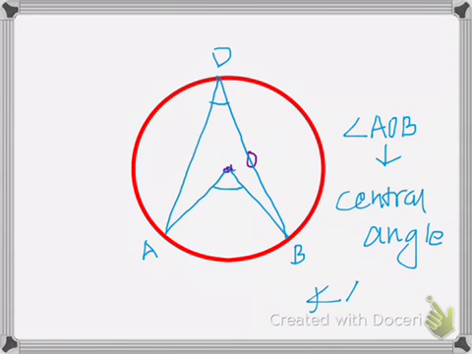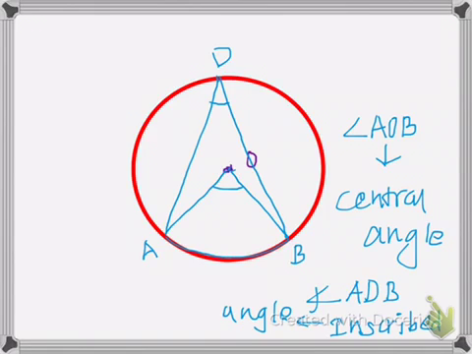So here angle ADB is my inscribed angle. And the property here is, if I know any one value among these two angles that stand on the same arc AB, if I know that the central angle is 60, then I can say that angle ADB that stands on the same arc AB is half the central angle AOB.